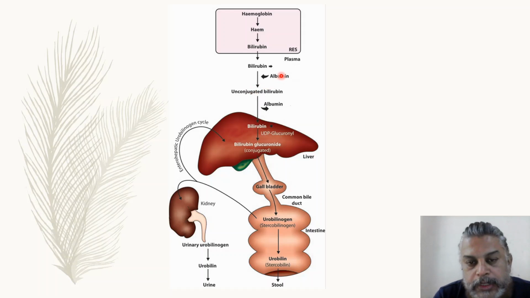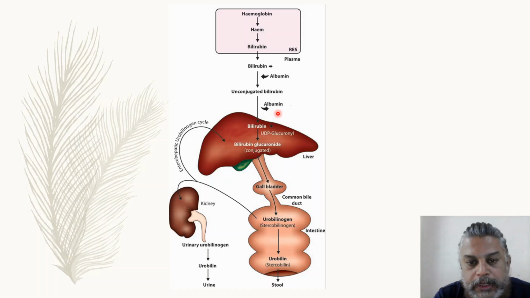We know this albumin is a large protein, so it will not get excreted from the kidney. This unconjugated bilirubin with albumin comes to the liver.